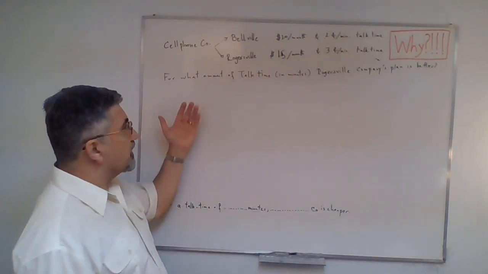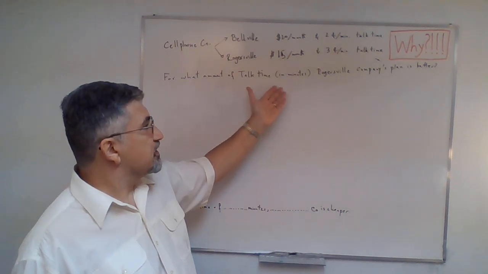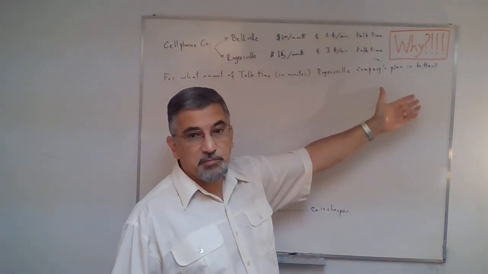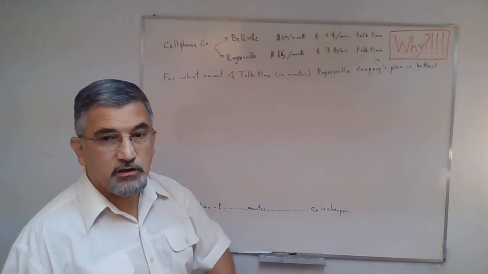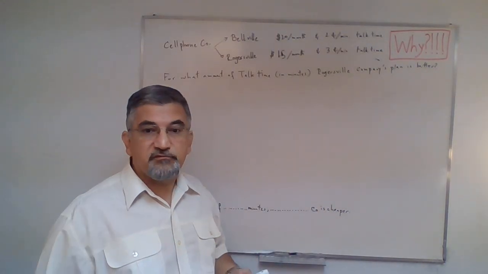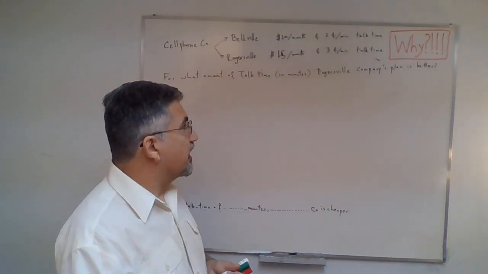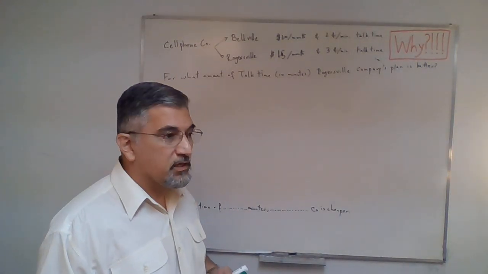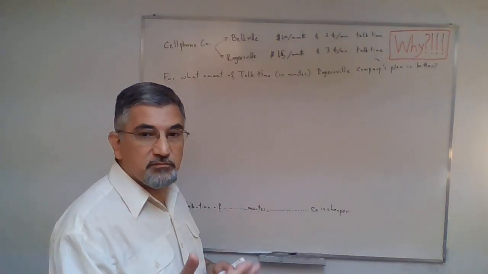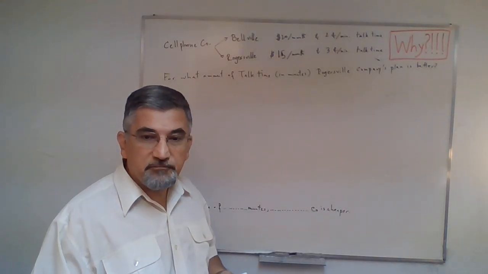Now, we want to know for what amount of talk time in minutes one company's plan is better, or the other plan is better. In the end, you want to buy a plan for yourself or for somebody else, and you want to know how you can save money. So your knowledge of mathematics becomes handy here.